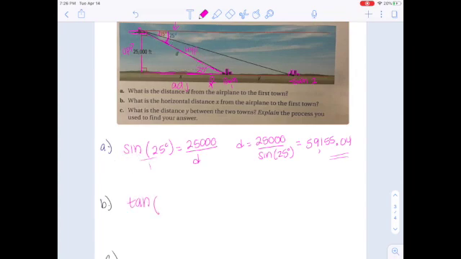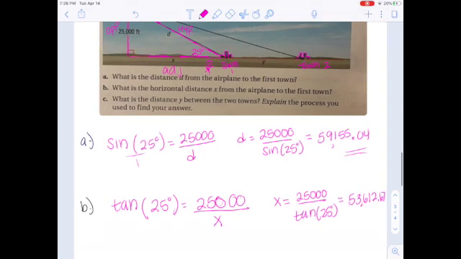So we'll set it up as tangent of 25 degrees is equal to your opposite, your 25,000, divided by your x value. Give it a little cross multiply and solve, so you get x is equal to 25,000 divided by tangent of 25 degrees, and that would be equal to 53,612.67.